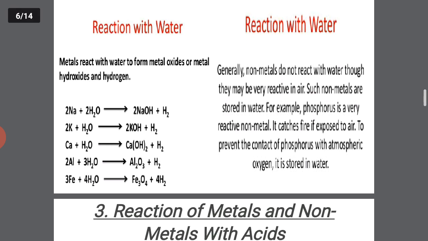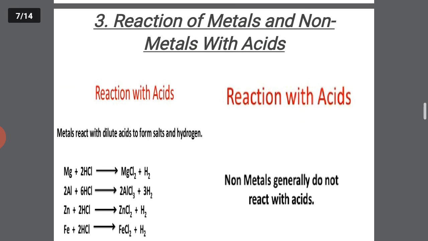Okay, let's move further. Reaction of metals and non-metals with acids. Metals react with dilute acids to form salt and hydrogen: MgCl2 magnesium chloride, aluminium chloride, zinc chloride, iron chloride, and hydrogen is released. The new word we came to know here is dilute.